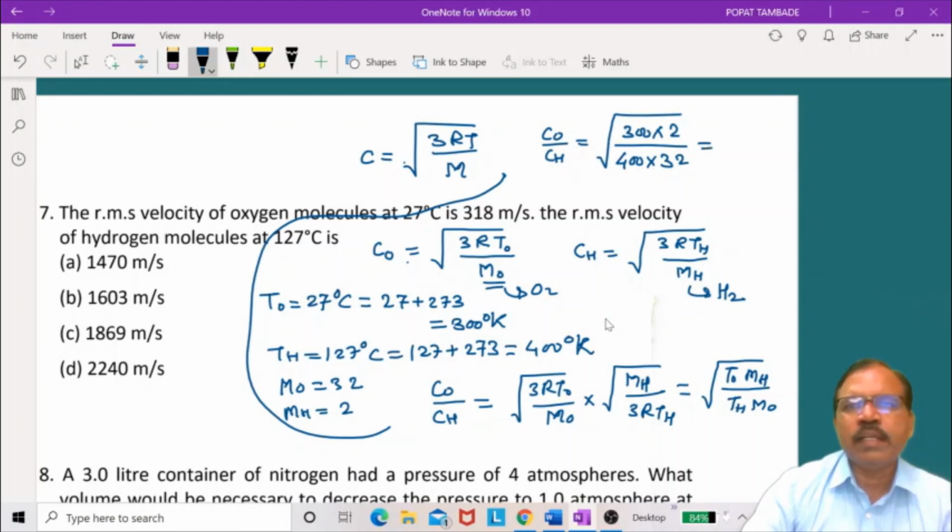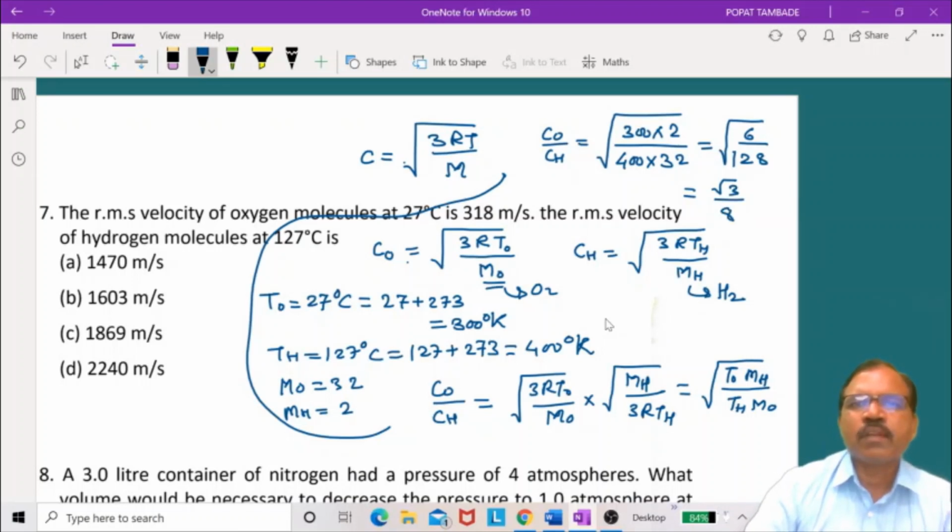So we get this as root of 6 upon 128, that is root of 3 upon 8.